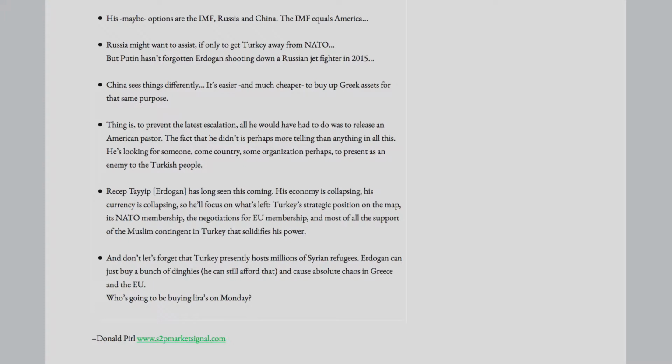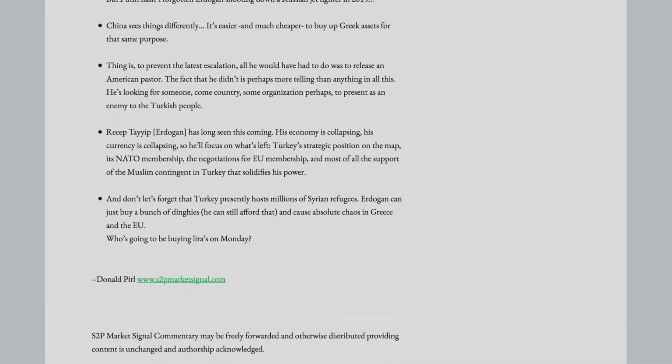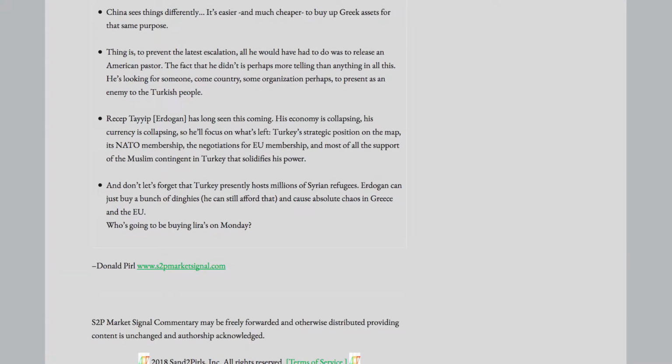The IMF equals America. Russia might want to assist, if only to get Turkey away from NATO. But Putin hasn't forgotten Erdogan shooting down a Russian jet fighter in 2015. China sees things differently. It's easier and much cheaper to buy up Greek assets for that same purpose.